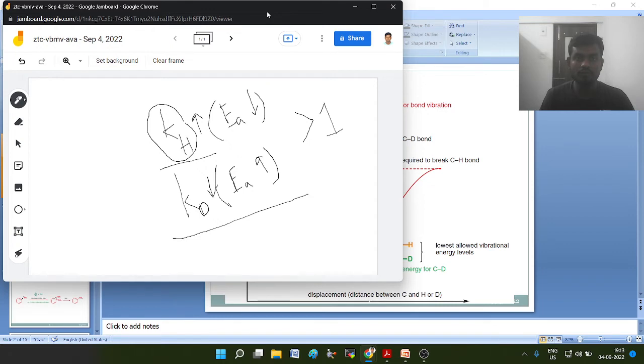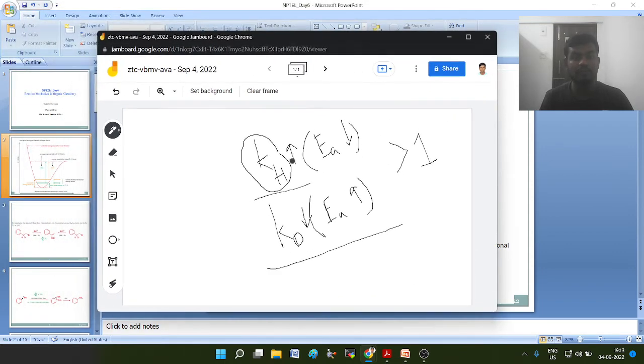Remember, we are talking about the case where in the rate determining step there is a cleavage of the CH or CD bonds. Only then are we considering it like this. Now, what will be the typical value of this ratio?